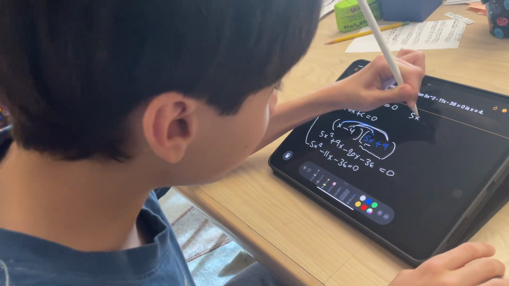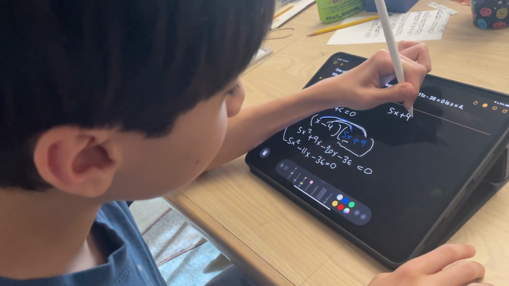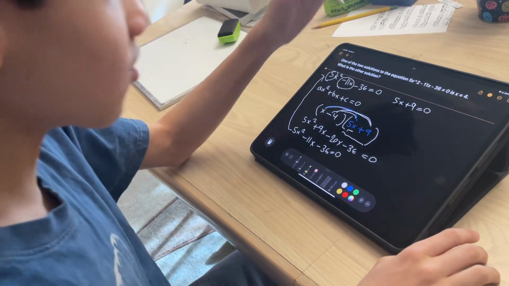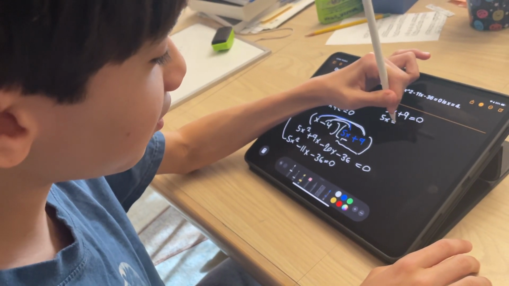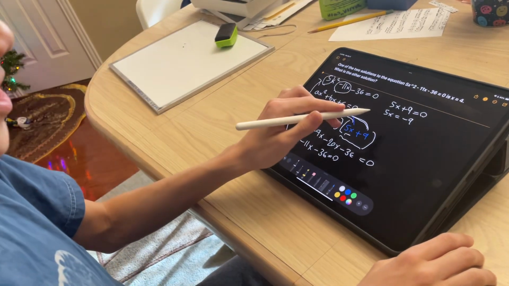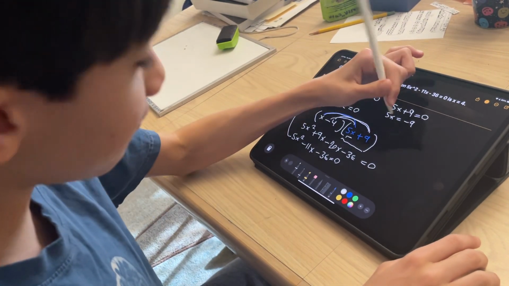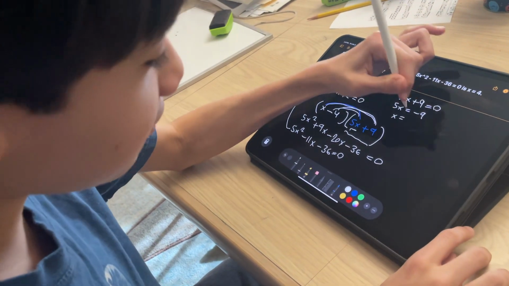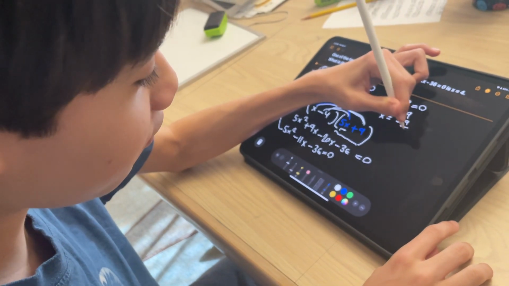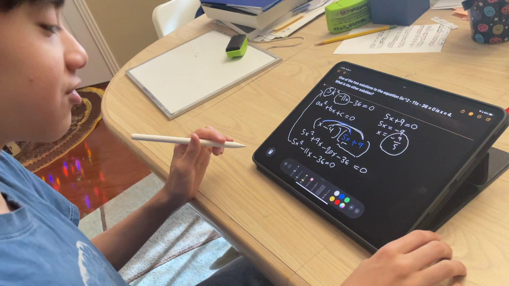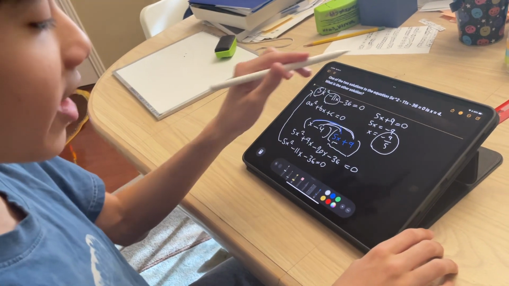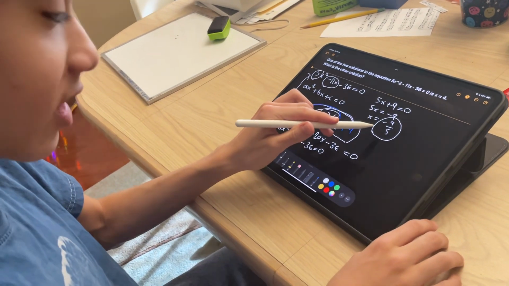You can write it as 5x plus 9 equals 0. Then we isolate the 5x: 5x equals negative 9. Then to get x, we divide both sides by 5 to get x equals negative 9 over 5. That right there is our second solution to this equation. We've got the 4, and we've got the negative 9 over 5.